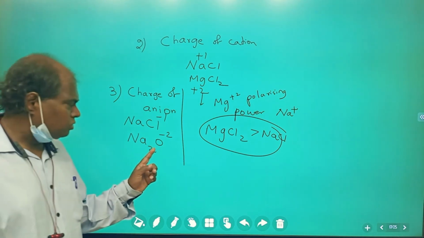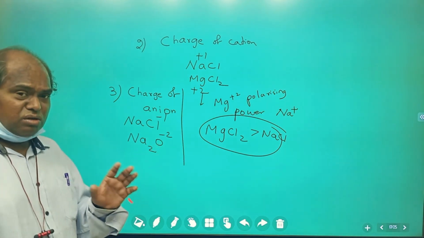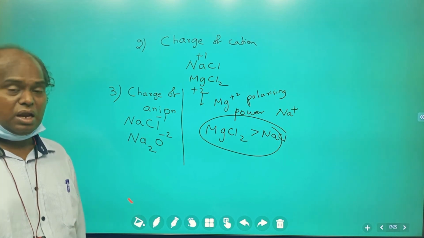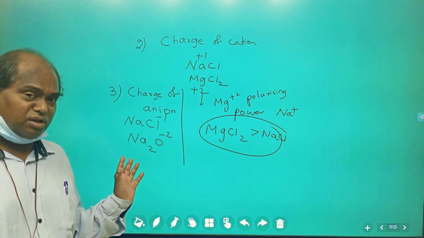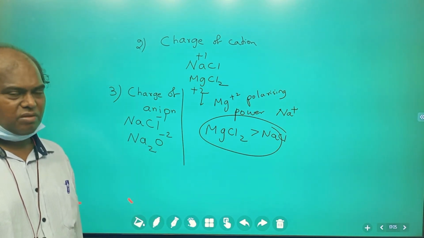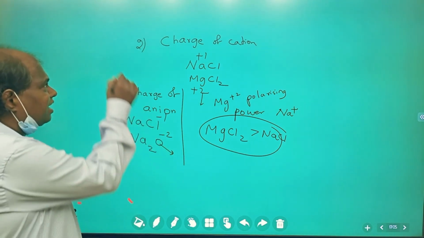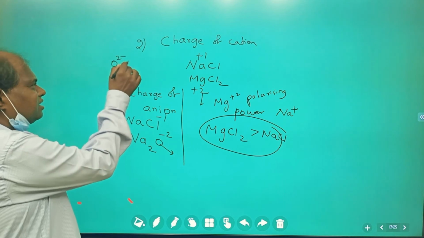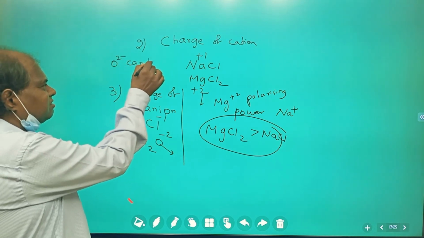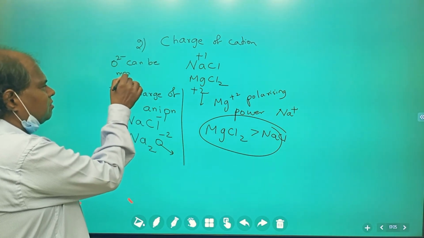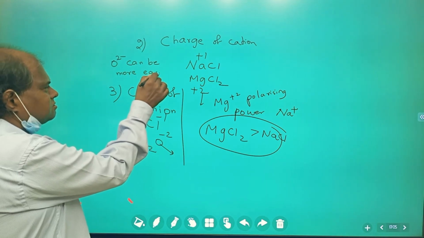Let's come to this now. If the anion is more charged, it will be more easily polarized. The cation can polarize it faster. So here, the oxide ion can be more easily polarized. Are you clear?